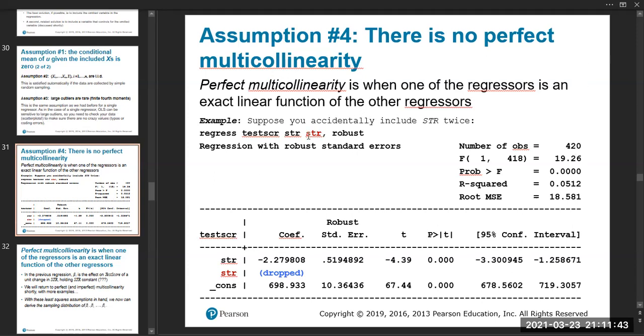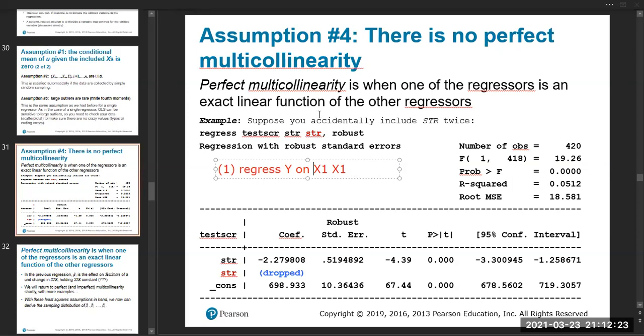For example, example 1, if you regress y on x1, x1, which means that you accidentally regress y on x1, x1, then this is multicollinearity because you cannot have two identical independent variables.